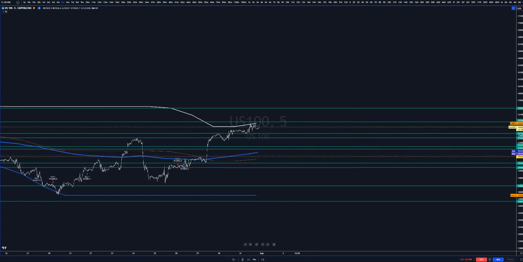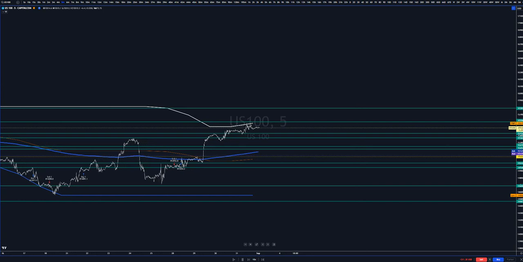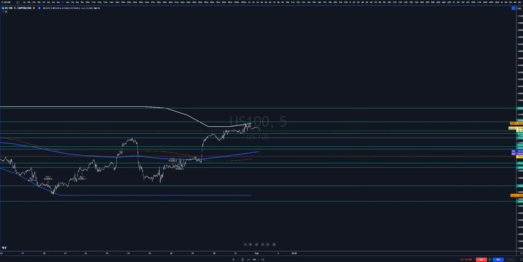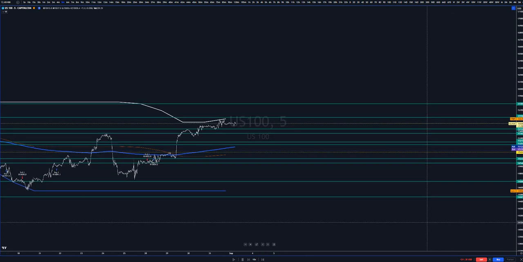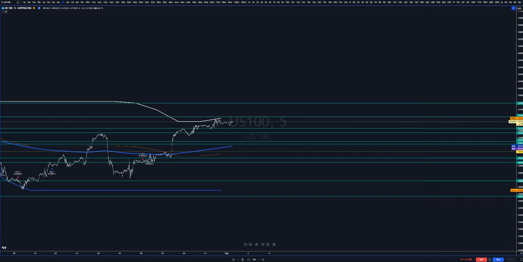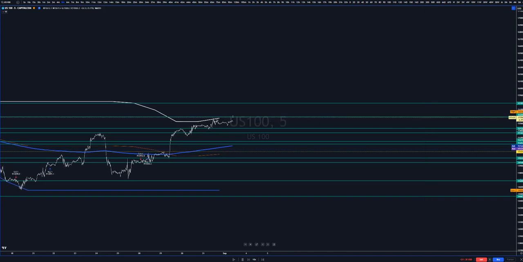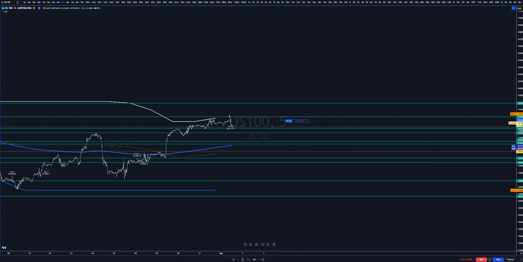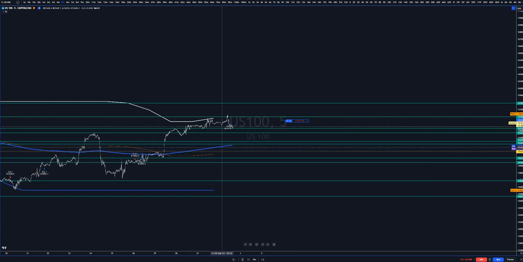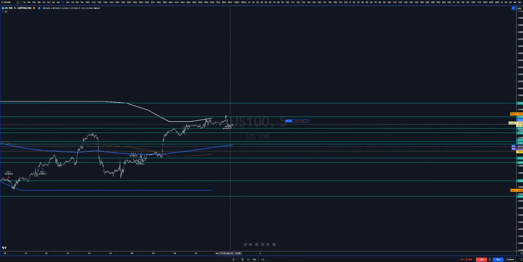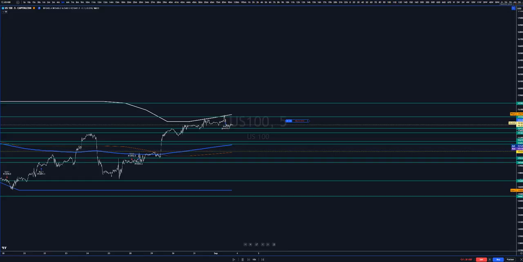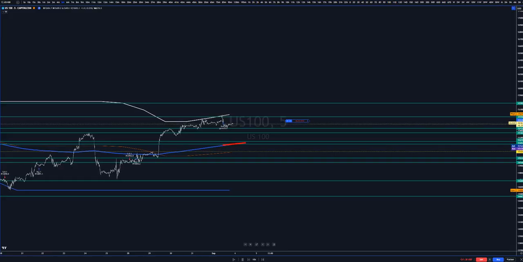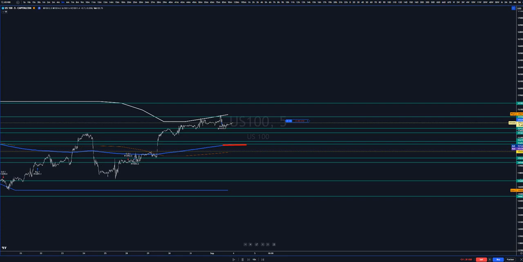Wait for confirmation, pullback. So we take the first one. I will put my stop at around EMA, to give a little bit time or breathing room for the market to develop.